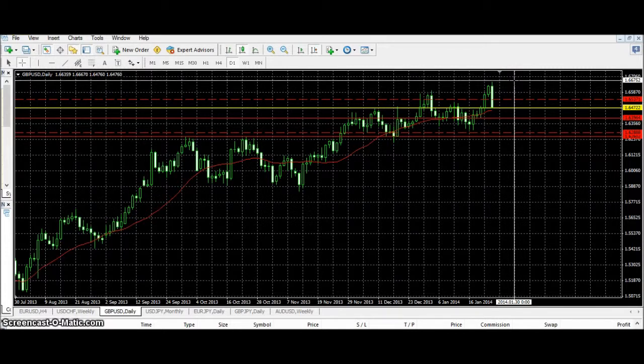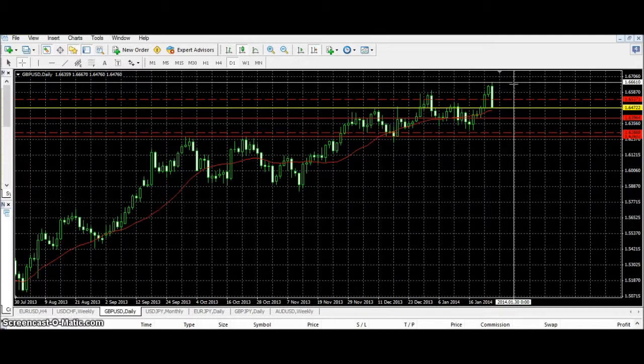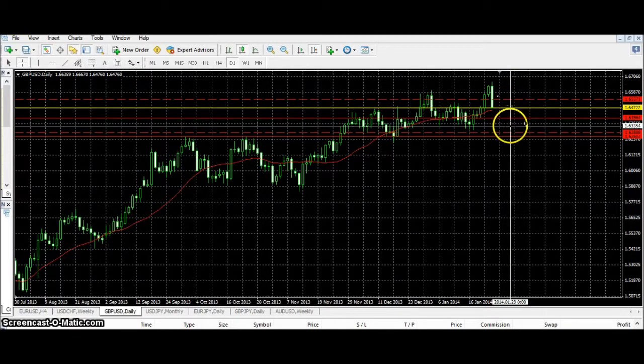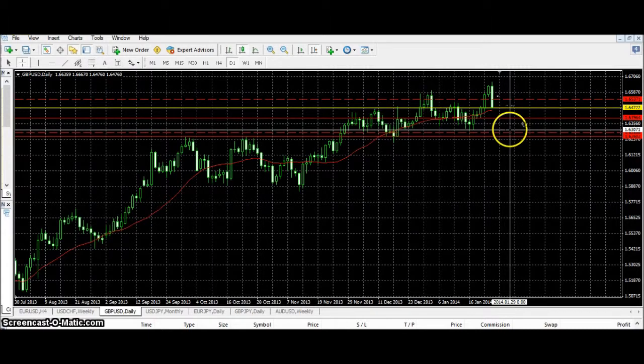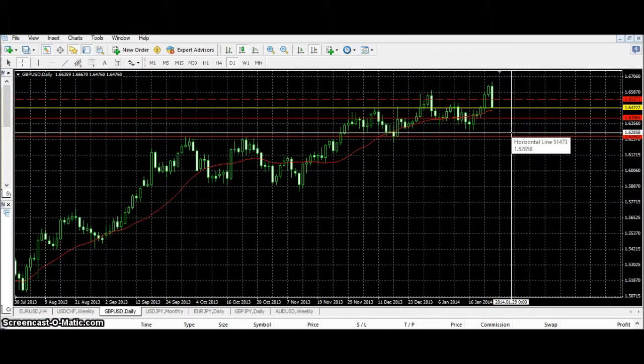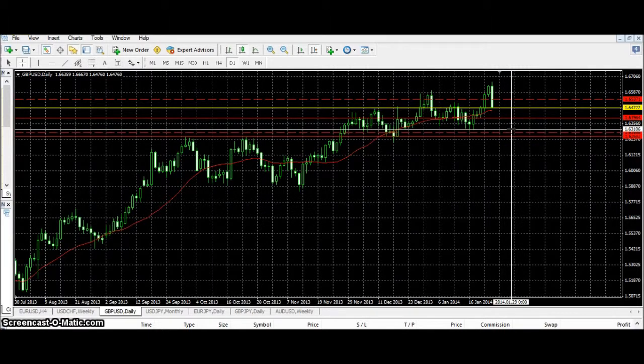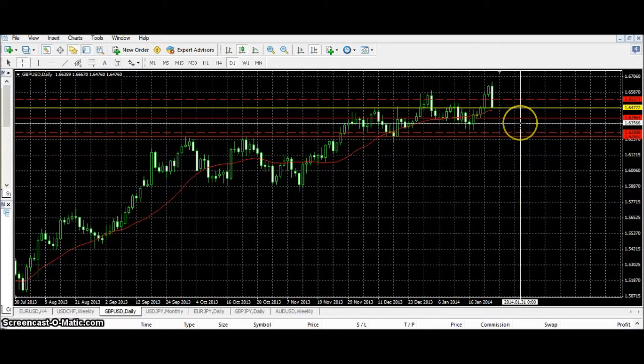Because if you subtract 400 pips from 1.664, sorry, if you subtract 400 pips from here, you'll be left with 1.6266. Okay, and 1.6266 is around here. No, I think it should be around 350 pips.